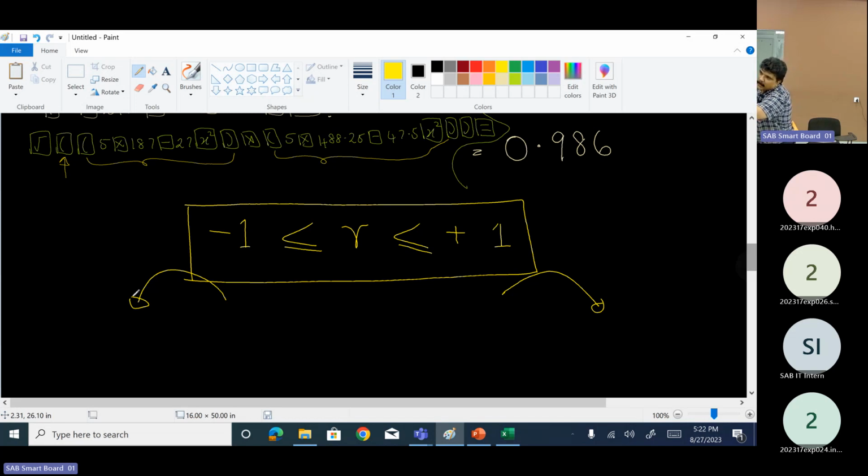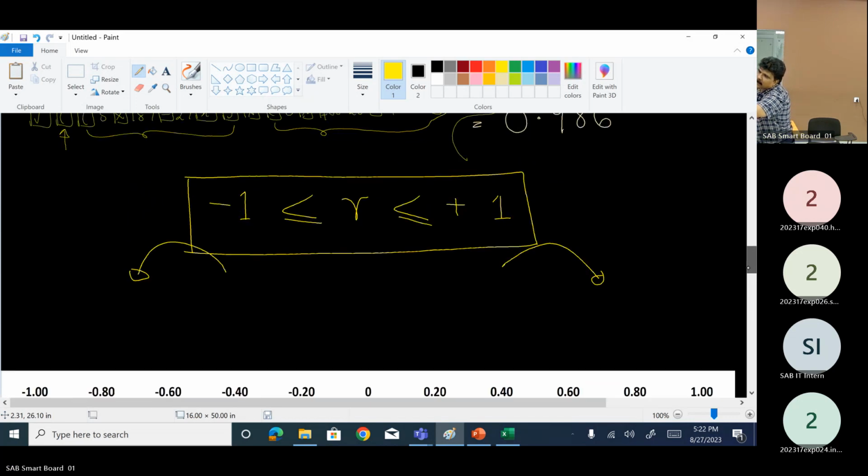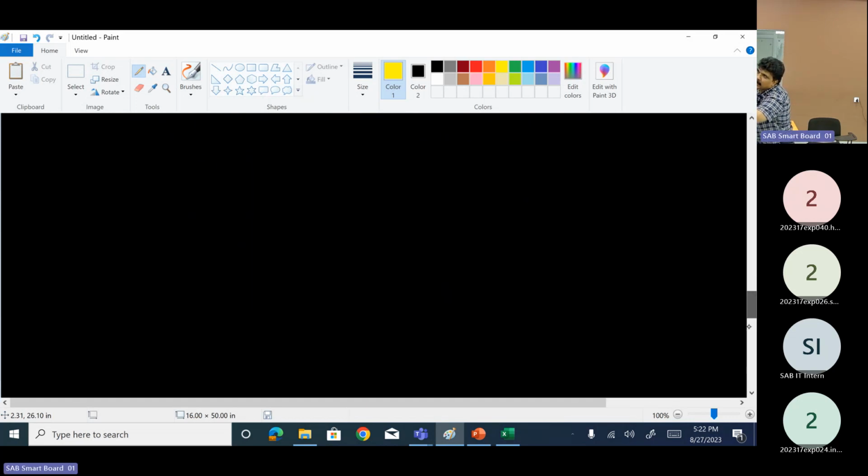So what we do is, we take all the values from -1 to +1.